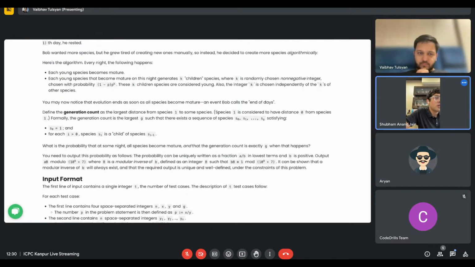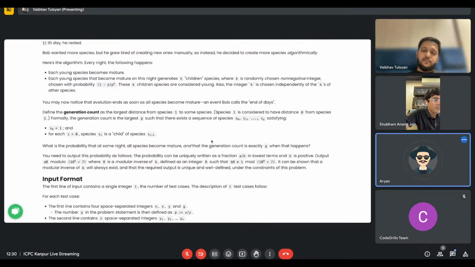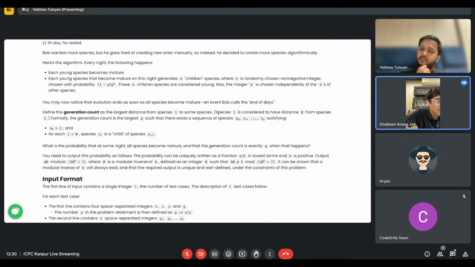Let's see. Define the generation count. Wow. Is it the largest distance from species 1 to some species? The generation count is the largest G so that there exists a sequence of species S0 to SG satisfying S0 is 1, and for each i, species Si is a child of species Si minus 1.